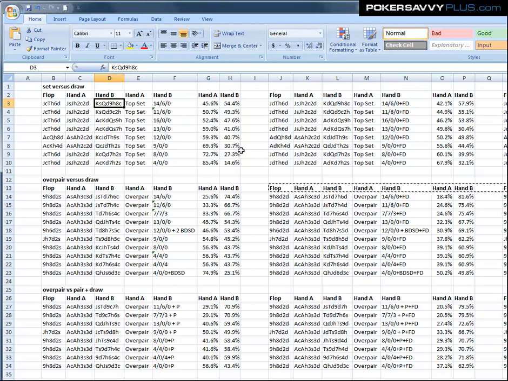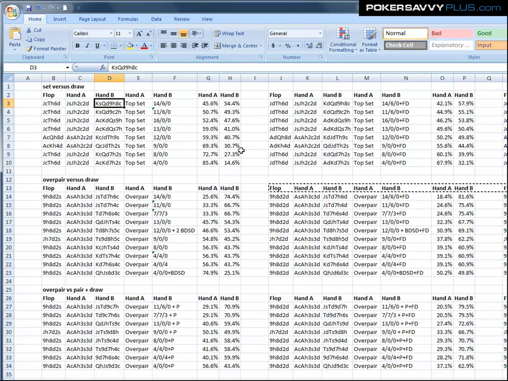Compare that to the 13 wrap case, where in the case where you run into a set, you only have 40% equity, and it becomes clear that you need some kind of secondary something, whether it's obviously a pair, flush draw or backdoor flush draws.